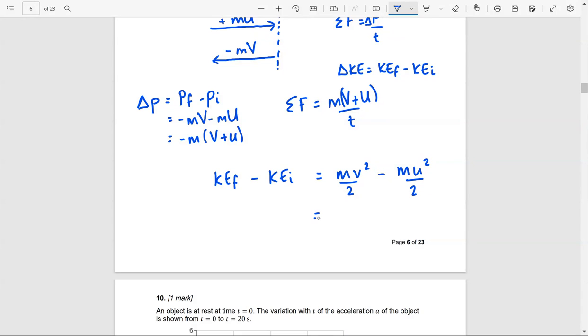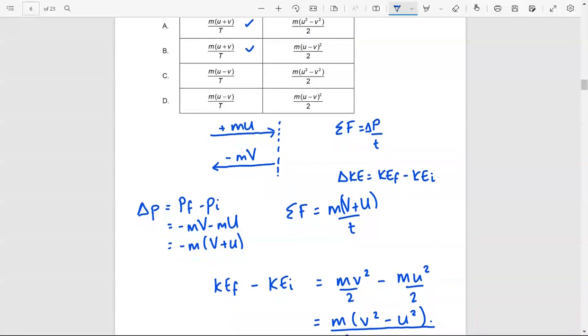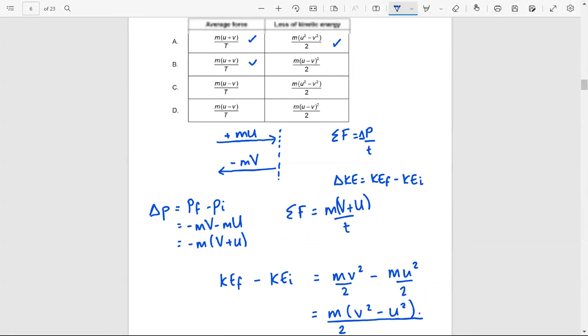So if we bring that out, we have m over 2 (v squared minus u squared), which you will notice is not one of the answers. However, this one is, and it's super close.